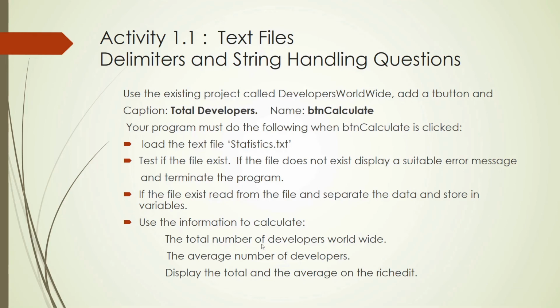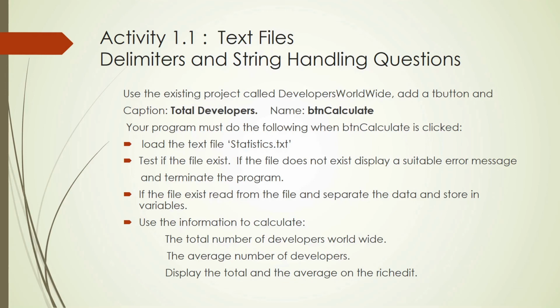Use the information to calculate the total number of developers worldwide and the average number of developers, and display the total and the average on the rich edit. You can use the same project, just put in an extra button and enjoy coding.